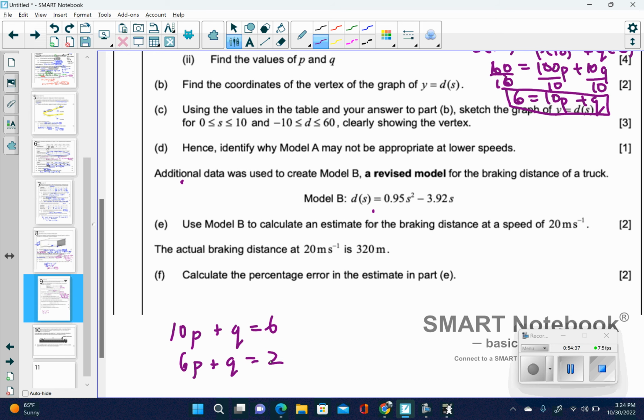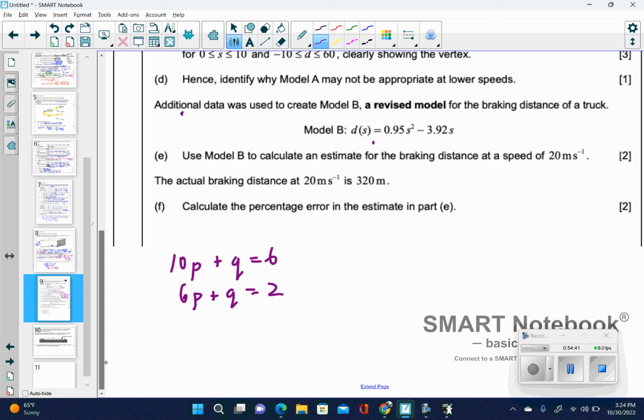We can use our graphing calculator to figure out what P and Q are. If you do not know how to do that, if I take one of these and subtract it, this becomes a negative Q, a negative 6, and a negative 2, multiplying every one of these by negative 1. So 10 minus 6 gives us 4P. The positive Q and the negative Q cancel each other out, which is good.